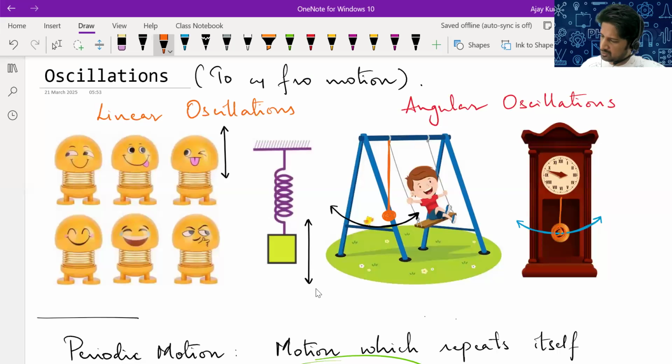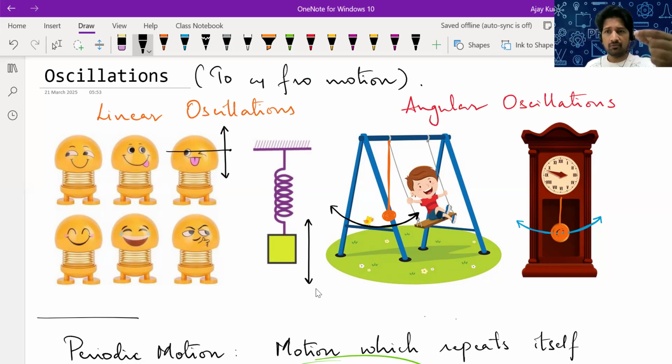If it is in the vertical position and you leave it there, it won't start oscillating. Even the spring block system and these bobble heads: at one particular position, if you gently release them, they won't start oscillating. From anywhere above that you release, it will oscillate. From anywhere below that you release, it will oscillate. But one position will be there from which, if the system is released, it won't start oscillating.